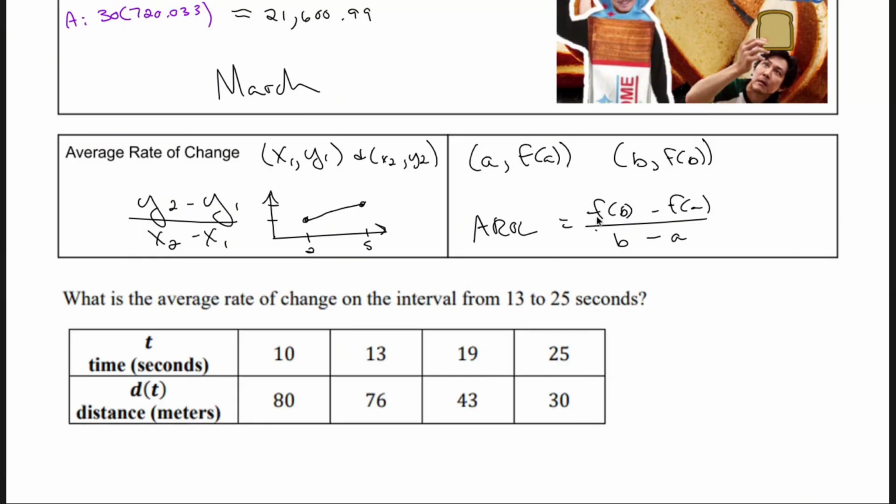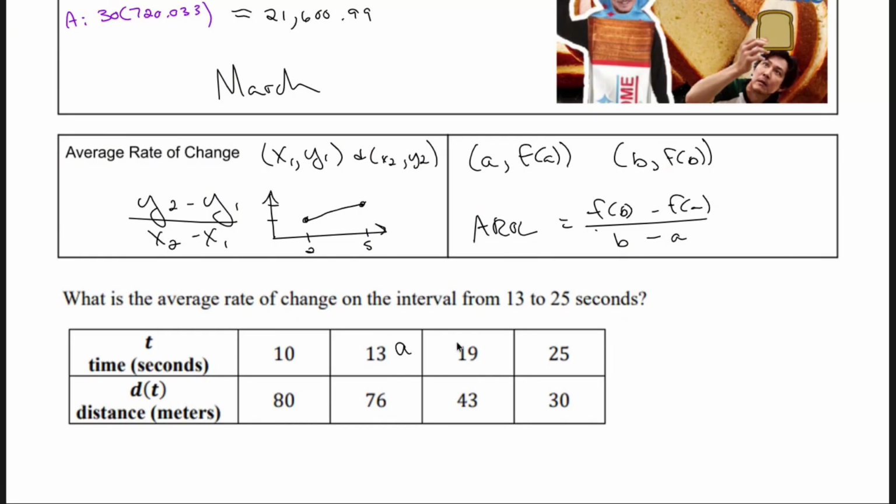All right, now, of course, this is F. These are D's and T's, and that's F's and whatevers. The same rules are going to apply. What is the average rate of change on the interval from 13 to 25 seconds? Well, the T, which would be like my X value here, is going to be from 13 to 25.